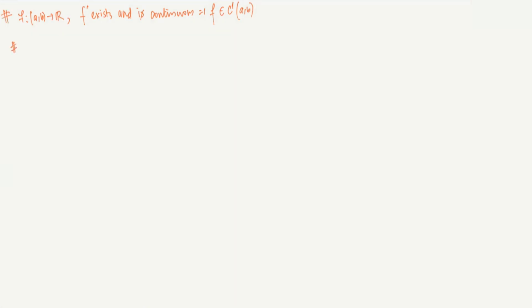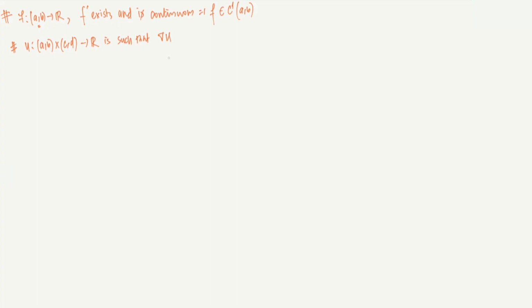Now in our case, this (a, b) becomes (a, b) cross (c, d), so u is from (a, b) cross (c, d) to R. Let's say this function is such that the derivative exists. What is the derivative? This is gradient of u, and it exists for all points.